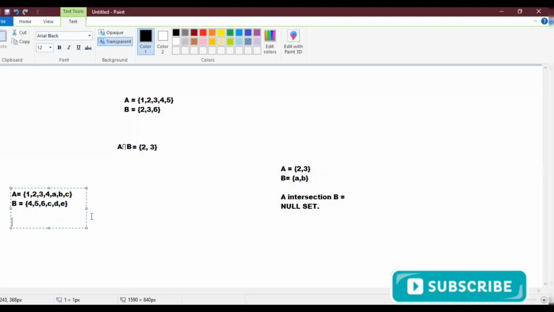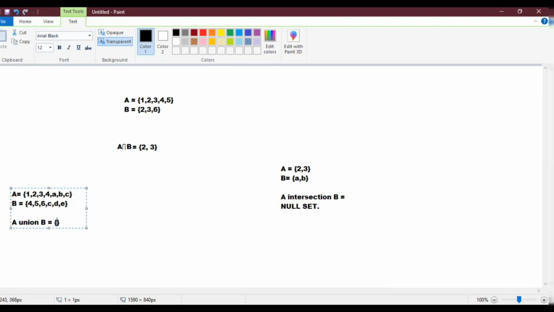And the union A union B will be equal to, we will write one by one. We will write all the elements one by one in the final set, and we will not repeat an element if we have written it before.